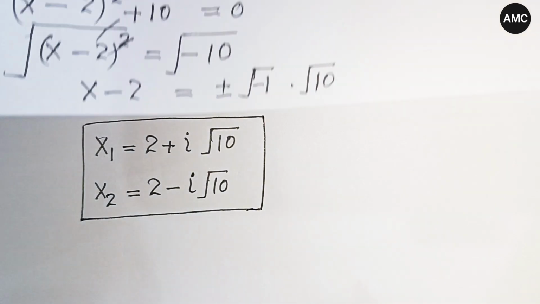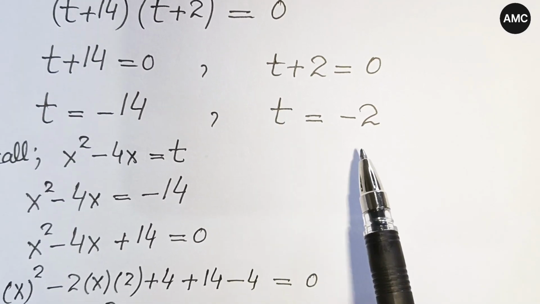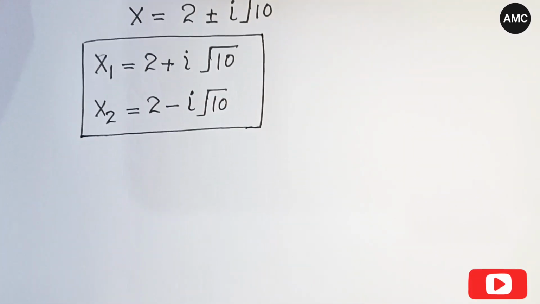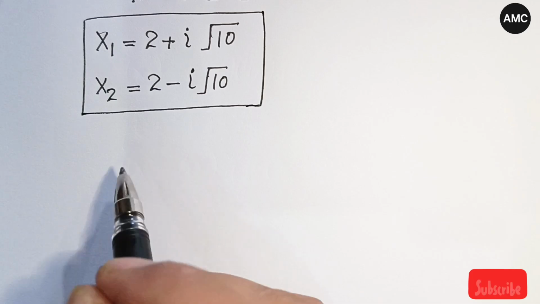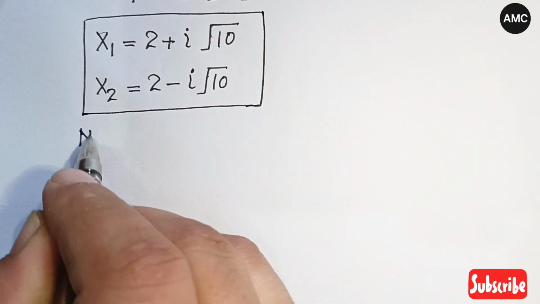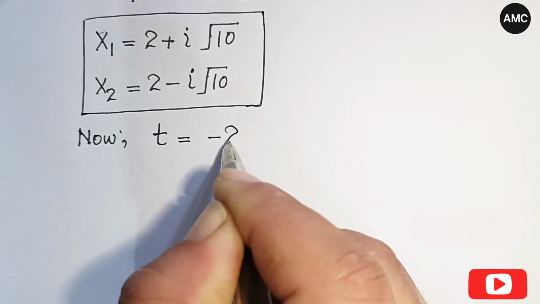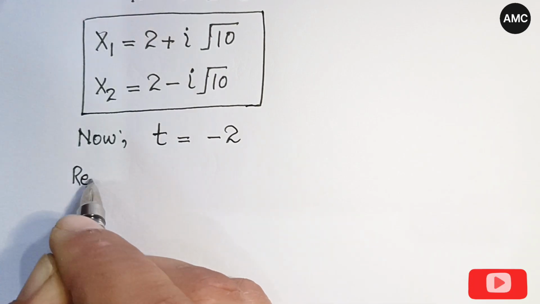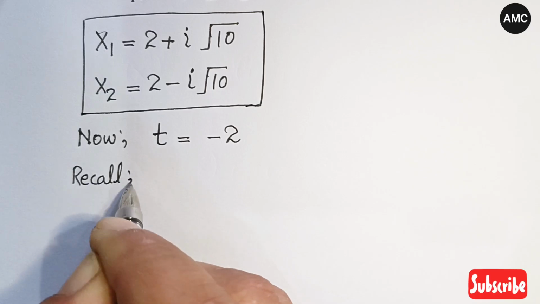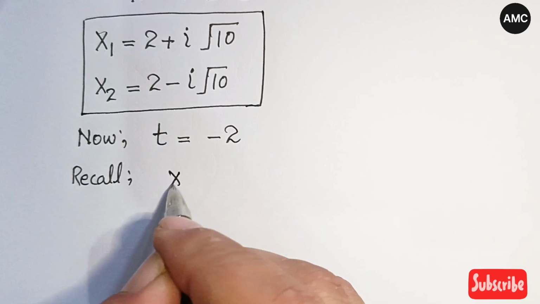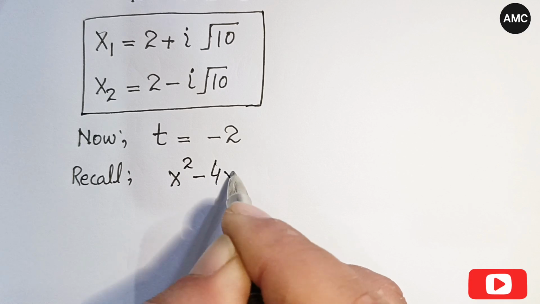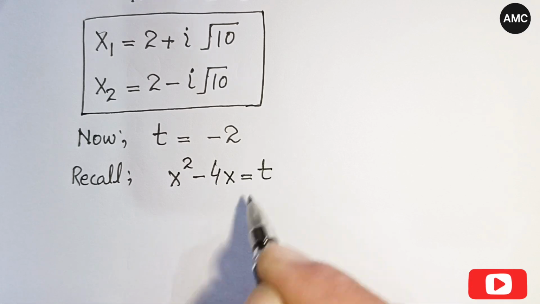Now applying this equation here, t is equal to minus 2, so putting the value of t here. Now t is equal to minus 2. Recall our substitution, that is here we have x squared minus 4 times x is equal to t.